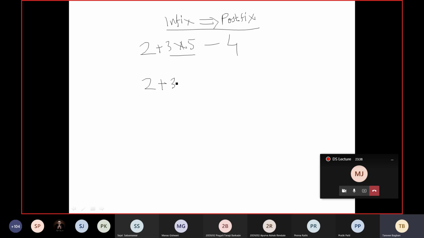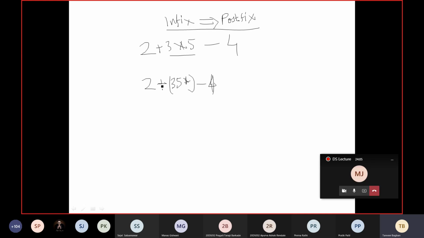So first this is converted into postfix: 2 plus 3 5 multiplication, and now this is treated just like an operand, and minus 4. Now here there are two operators involved, plus and minus. Both have equal priority, but plus comes first.